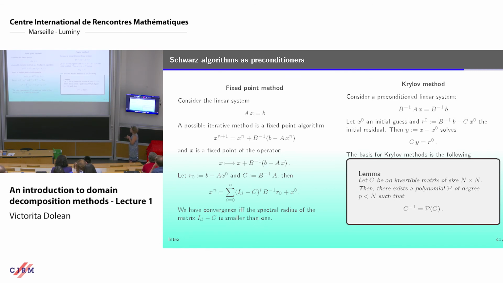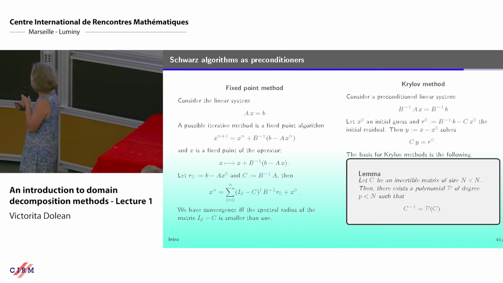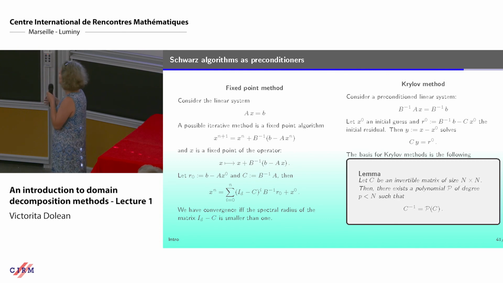To summarize, my original Schwarz method is a stationary iteration in which you have a preconditioner for free. Now the idea is that this stationary iteration is not very fast. It's not something that you would generally use to solve a linear system. So from this, you just keep the preconditioner part, and you use the preconditioner in a Krylov method, which is a lot faster.